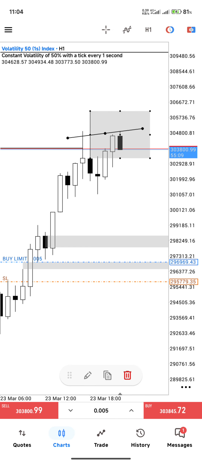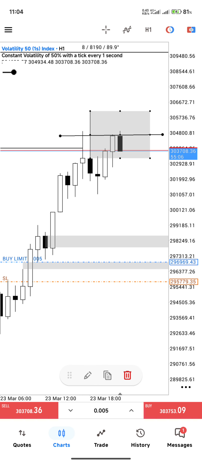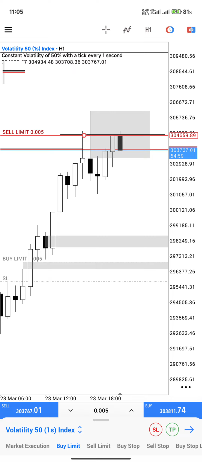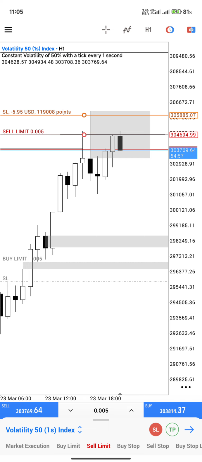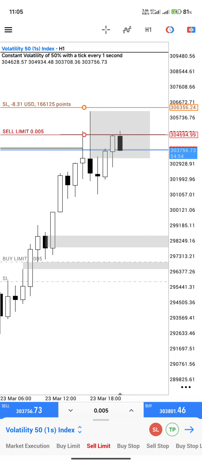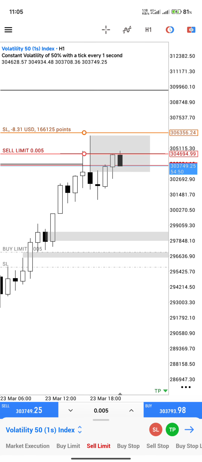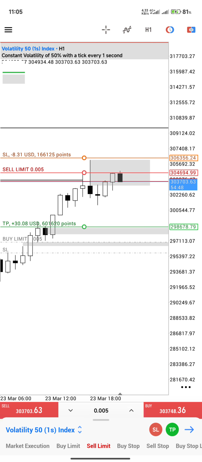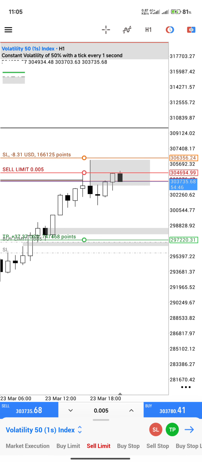Yeah, this is 50%. That's why I would have sold. Price is already selling from there. So if I want to sell from here, I keep my stop loss just above this high. Remember, I don't want to see price sweep those highs, and then my take profit will just be here.